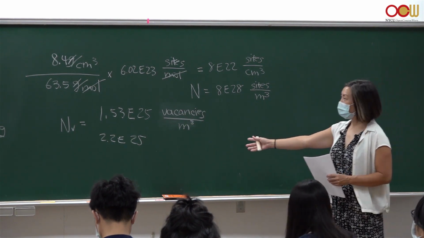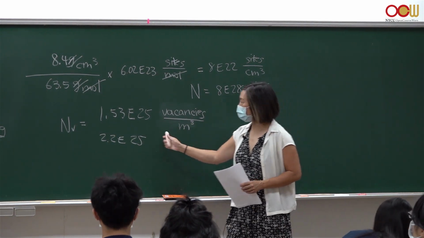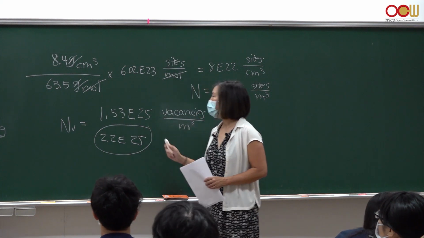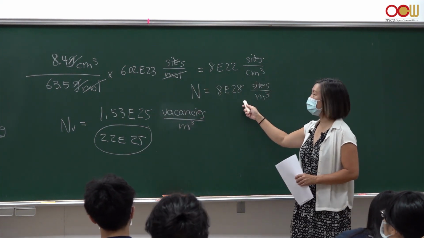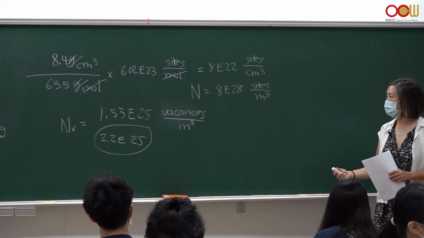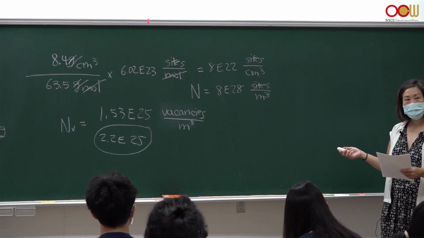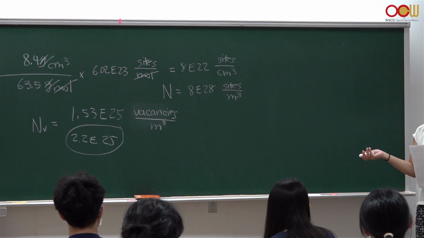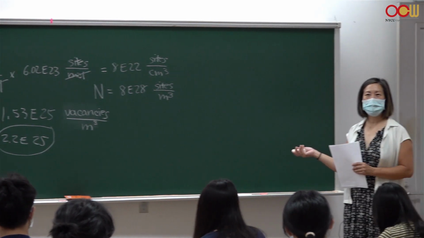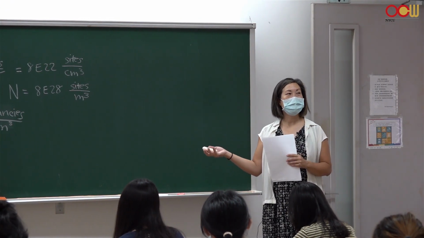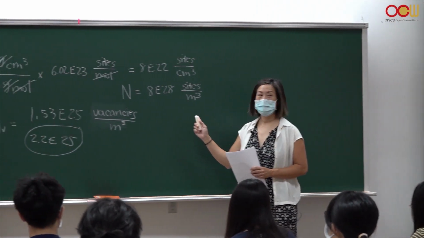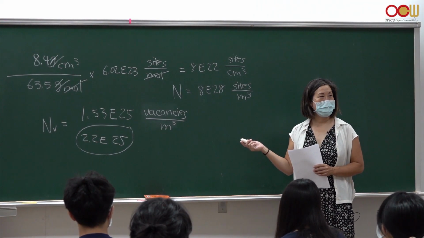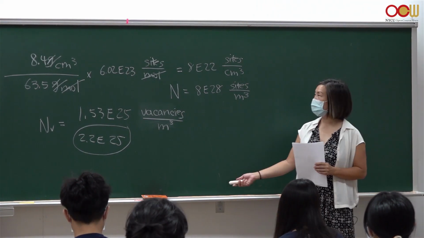So roughly, if this is the number of vacancies we have, and this is the number of sites we have, roughly what percentage are we talking about? What percent of your copper cube is vacancies? Are we talking about a lot or a little?